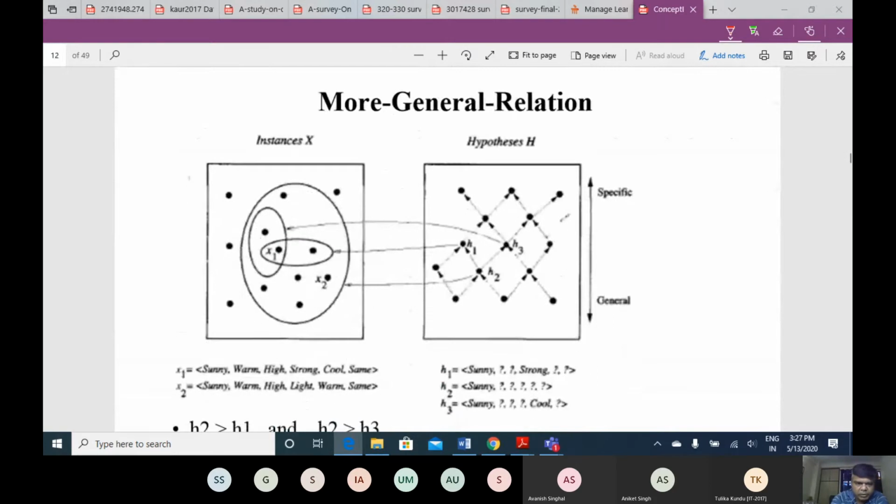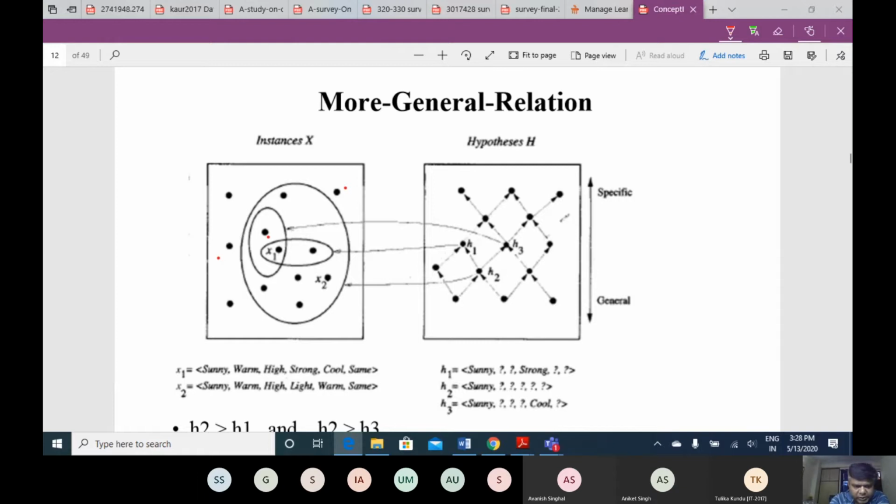So for example, you have these instances, dots are representing the instances, and these represent the hypotheses, subsets of these instances. One hypothesis is H1, another is H3, and another is H2. You can see that H1 and H3 are intersecting, and their intersection is not empty.